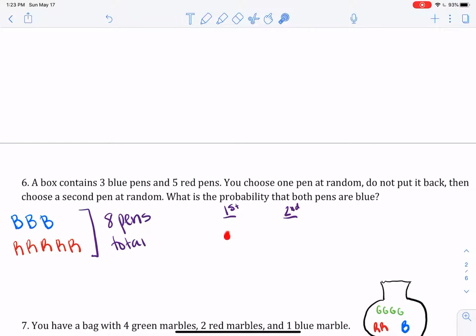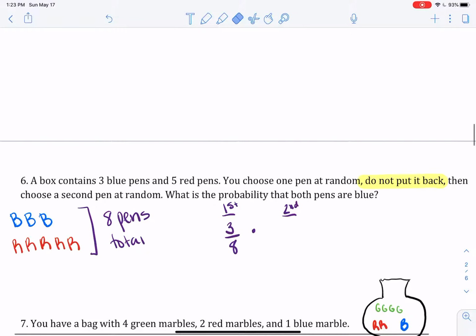Okay, well, looking at the first choice here, if I was going to pick a pen, and I'm wondering the probability that it's blue, well, there's 3 blue ones out of 8. So we have a 3 out of 8 chance. However, for the next one, it's also saying what's the probability that both pens are blue, but another key piece here is that we do not put it back. So basically what just happened was I went in to pick a pen at random, wanting it to be blue.